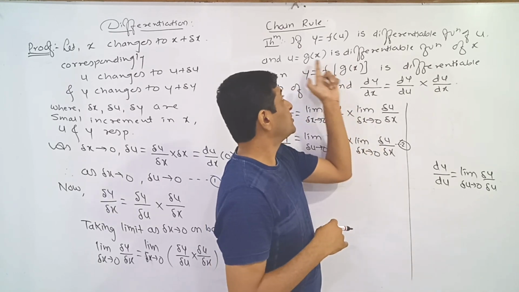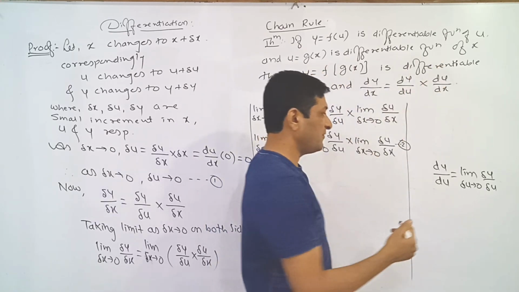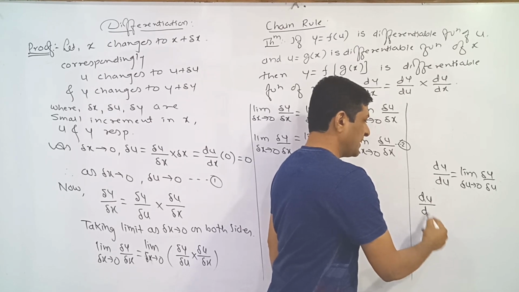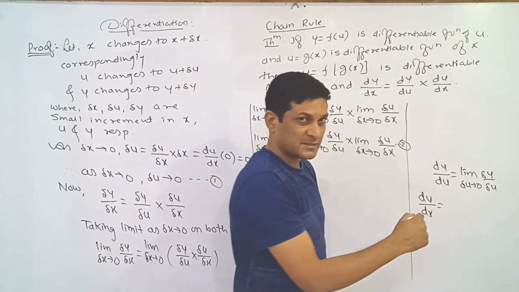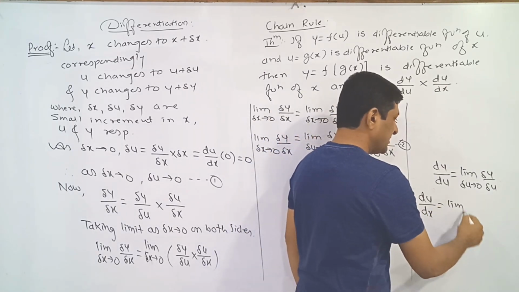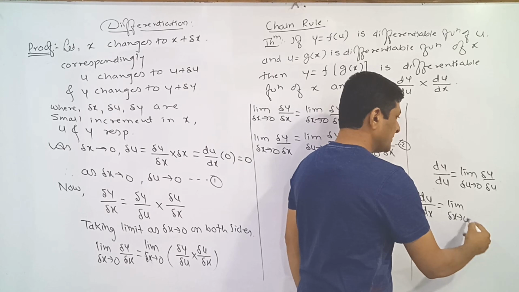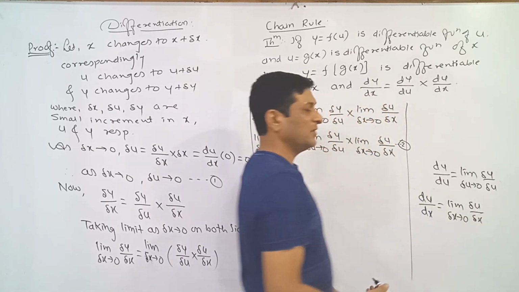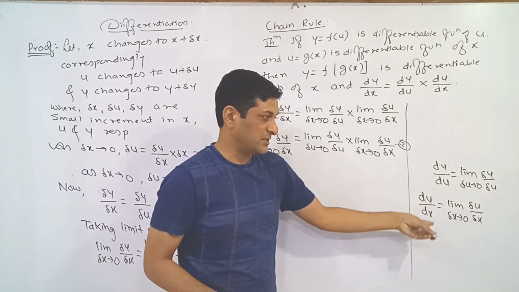What is the second given condition? u is a differentiable function of x, which is denoted by du/dx. If this differentiation exists, which limit exists? Limit Δx tends to 0, Δu/Δx. Now if you observe, these are the given conditions.